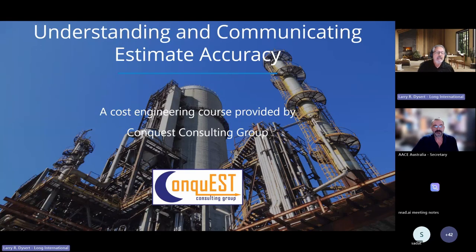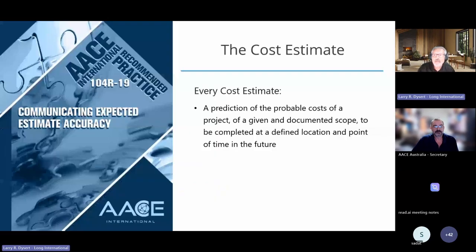Very good. So we're going to start at the beginning here, just to make sure that we're grounded on what an estimate is. When we talk about estimating today, we're primarily talking about capital project estimating, although the basic concepts will apply to any other type of estimating as well.